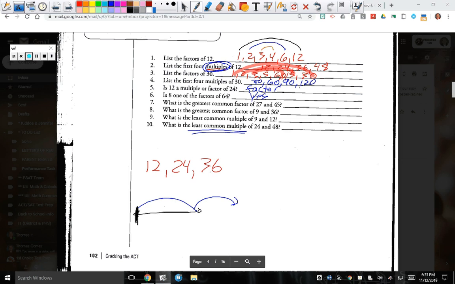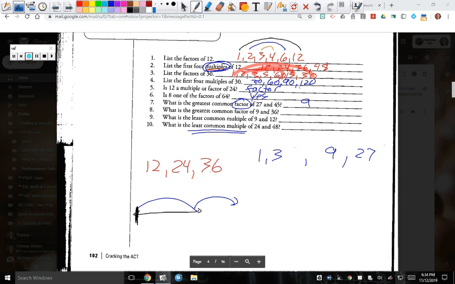What is the greatest common factor? Listen, the greatest common factor, not multiple, of 27 and 45. What's the biggest number that they have in common? 9. Okay, for 27 you would have 1, 27, 3, 9.